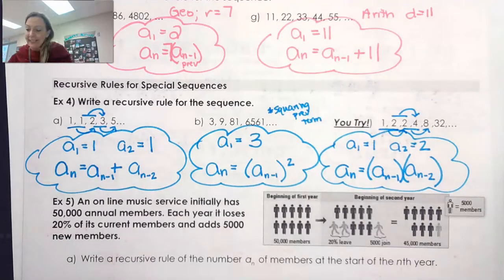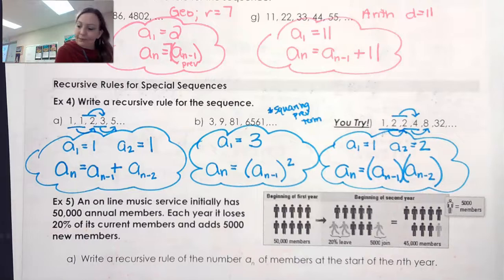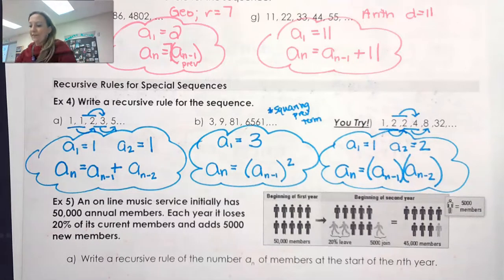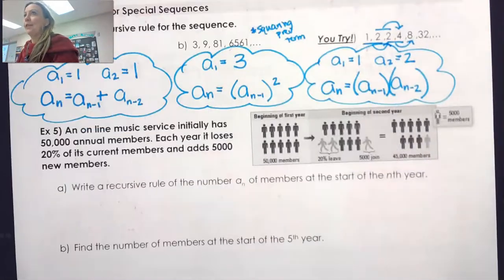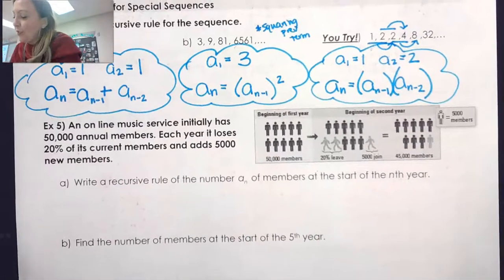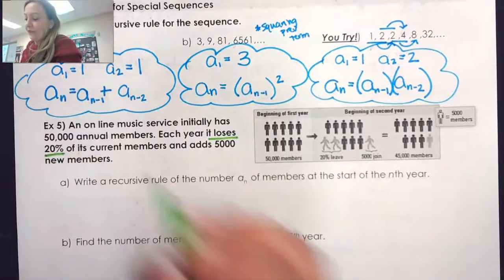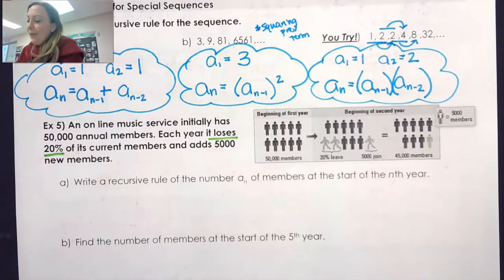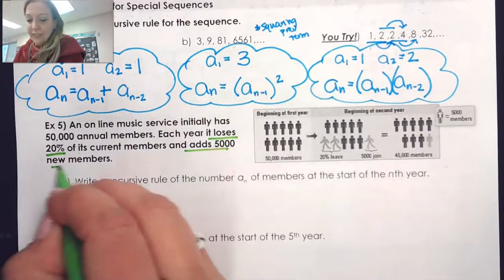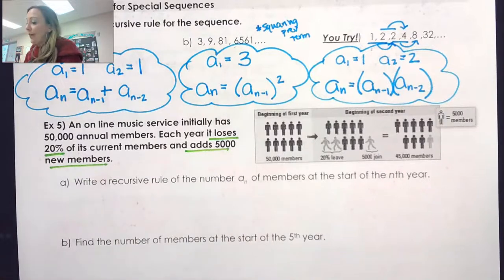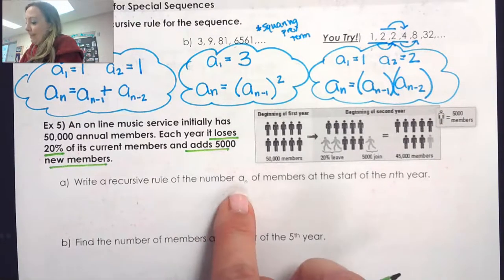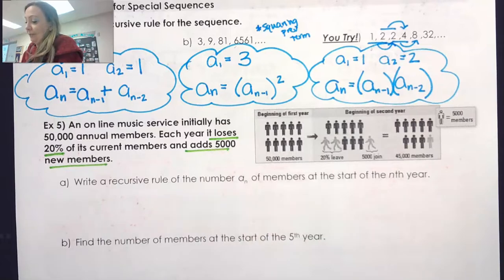Let's look at one last example, example 5. It says an online music store initially has 50,000 annual members. Each year it loses 20% of its current members, but it adds 5,000 new members. Let's write a recursive rule of the number of members at the start of the nth year.